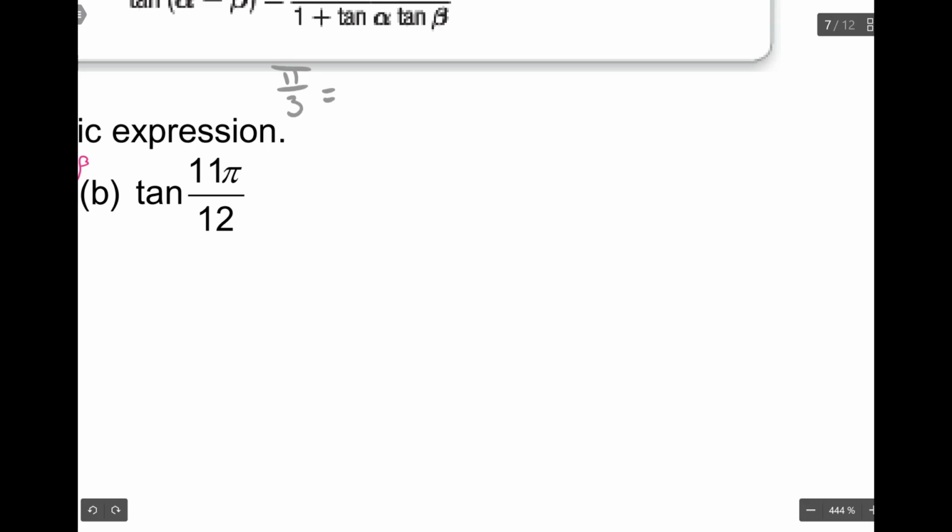Another way to say that is 4 pi over 12. If I do 11 minus 4, I'll have 7 pi over 12. That doesn't work, so that's not going to be one of my angles. However, I can try pi over 4. Pi over 4 is the same thing as 3 pi over 12. If I do 11 pi minus 3, I get 8 pi over 12.